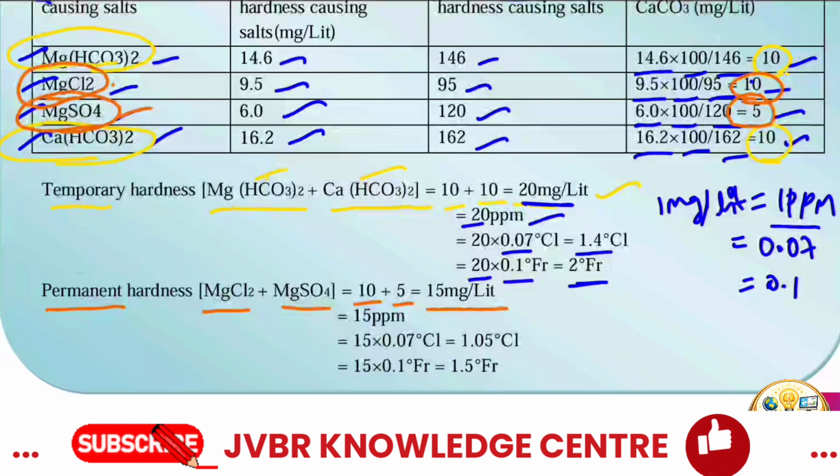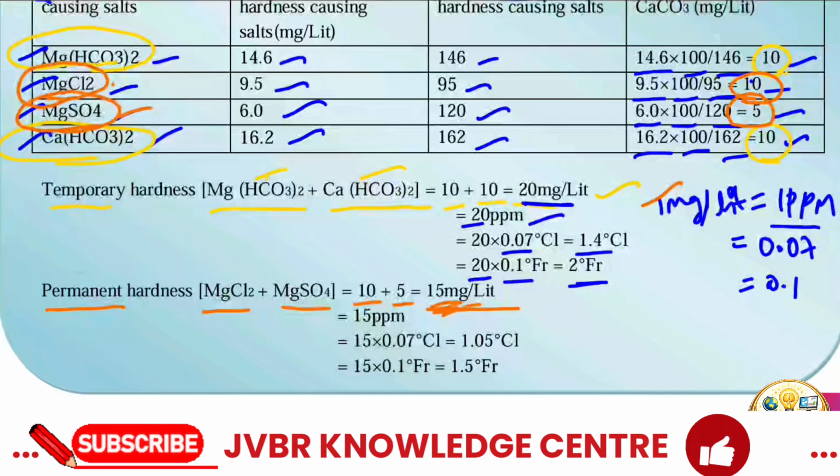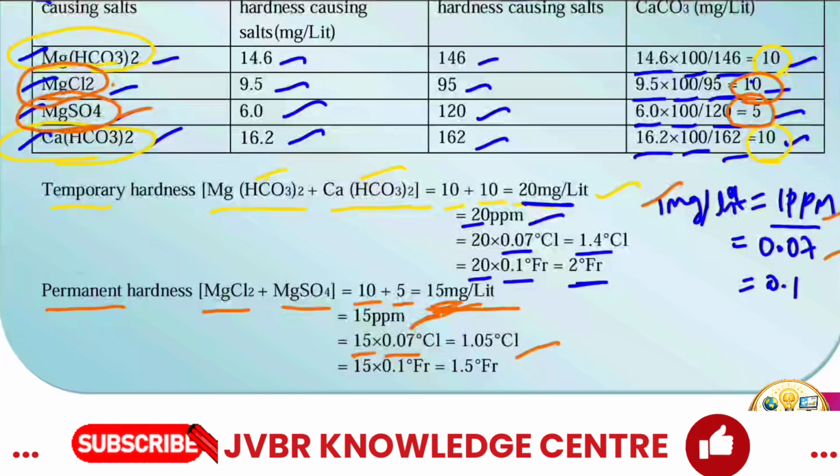So 10 plus 5, 15 milligrams per liter. We already know that 1 milligram per liter is equal to 1 ppm. So 15 milligrams per liter is equal to 15 ppm. And we already know that 1 ppm is equal to 0.07 Clarke's degree. So 15 into 0.07, we will get 1.05 Clarke's degree.